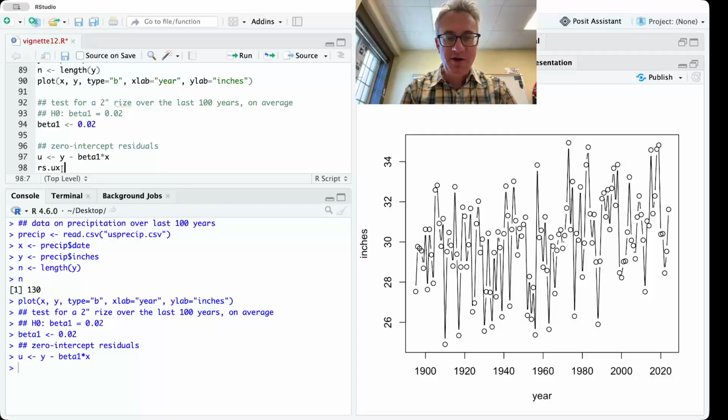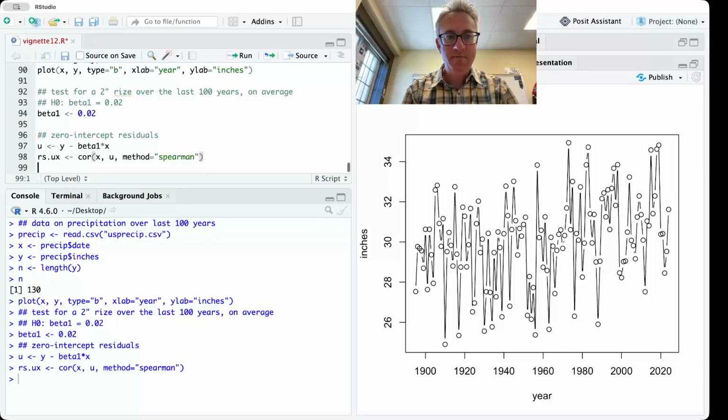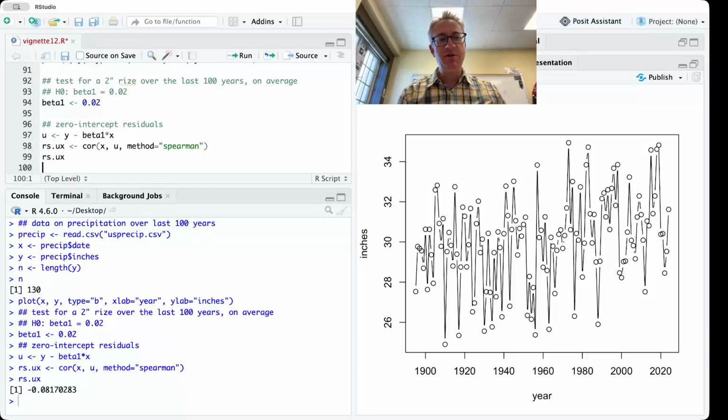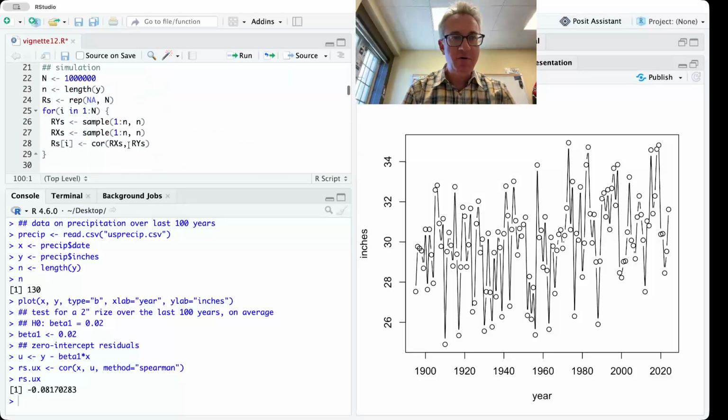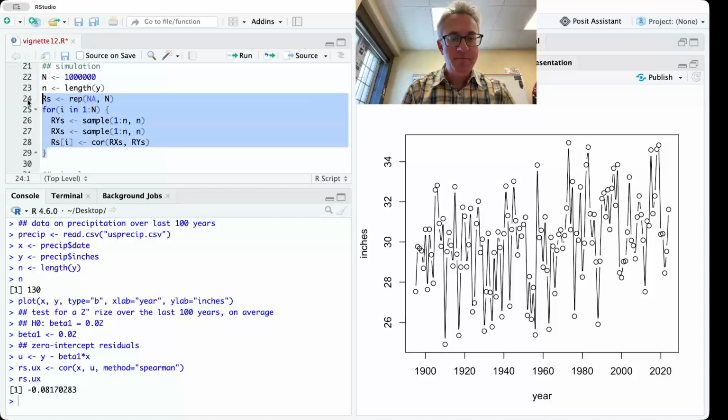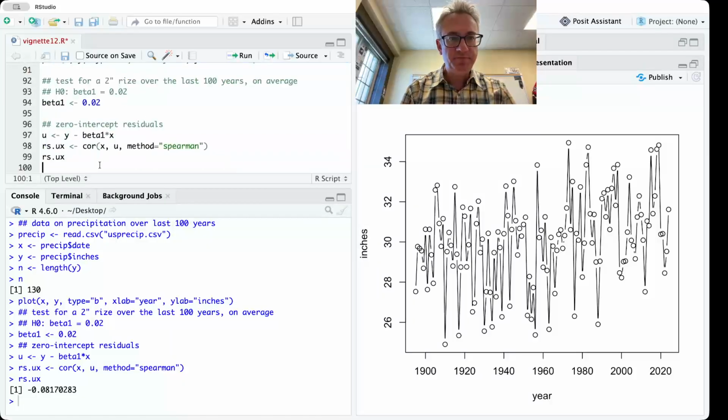So I'm going to check for a correlation between the x's and the u's. Method equals Spearman. Okay, so RSUX. There's a leftover small negative correlation, but that value is only meaningful when measured up against the sampling distribution. So we've got to go grab our Spearman's rho simulation.